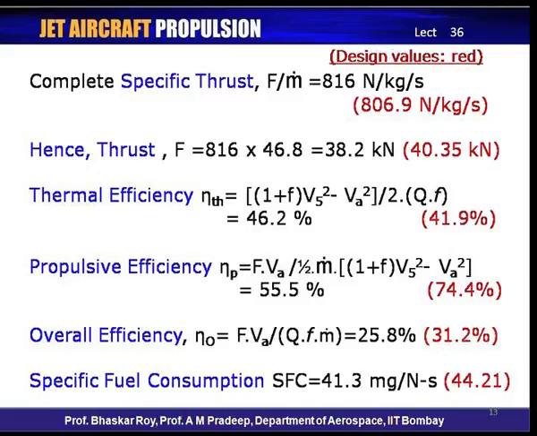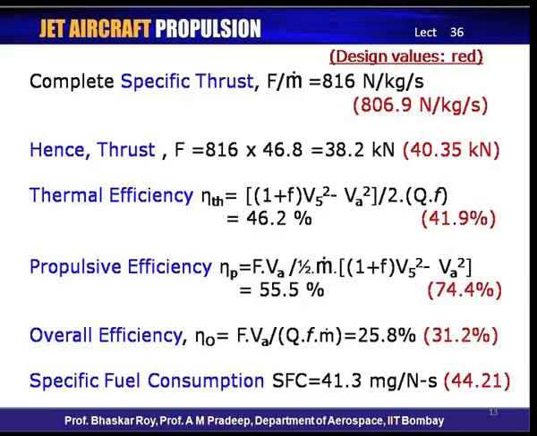Now, compare that to the amount of energy that has been burnt in the fuel. So, the burnt fuel energy, that is Q into f, gives us the energy available through the burnt gas of the fuel air mixture, and that again per unit mass flow.